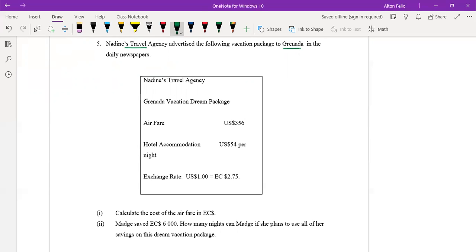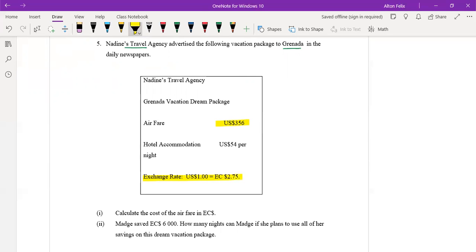Right, so you want to find out the cost of the airfare in EC dollars. And this is the exchange rate, which is very important. So the cost of the airfare is US 356. So 1 US is equivalent to 2.75 EC.